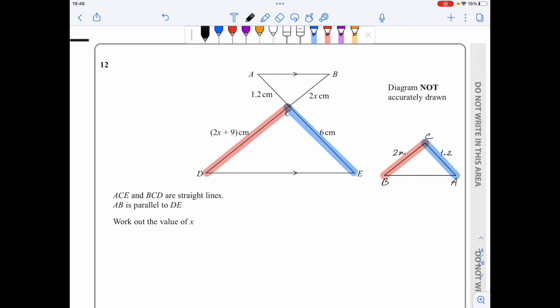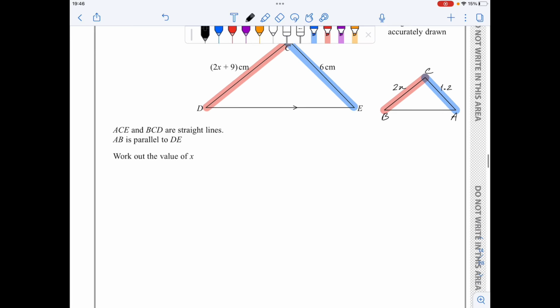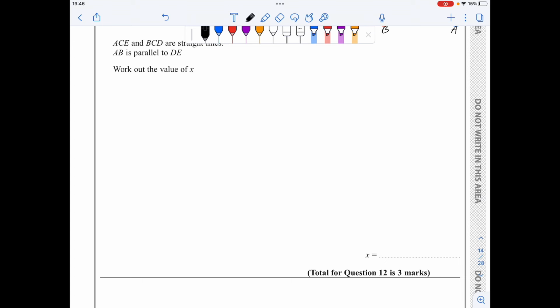So let's create our equation. (2x plus 9) over 2x equals 6 over 1.2. Cross multiply, so 1.2 times (2x plus 9) equals 6 times 2x.